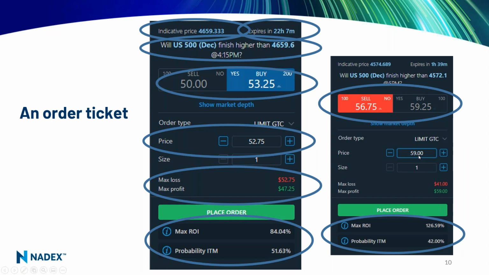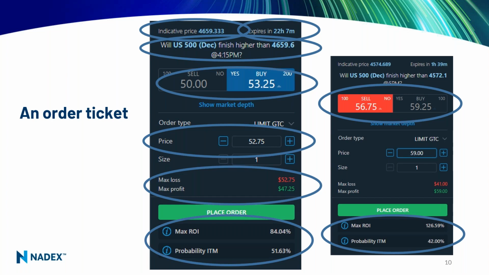But if I tried to sell one here, I could potentially be making 126% return on my money if I put up $41 and collected the 59 after I take out transaction costs. All right, so we do all the math for you. You can see the potential probability of a successful trade before you place the trade, whether you're buying or selling. But that's what you're trading: the probability.